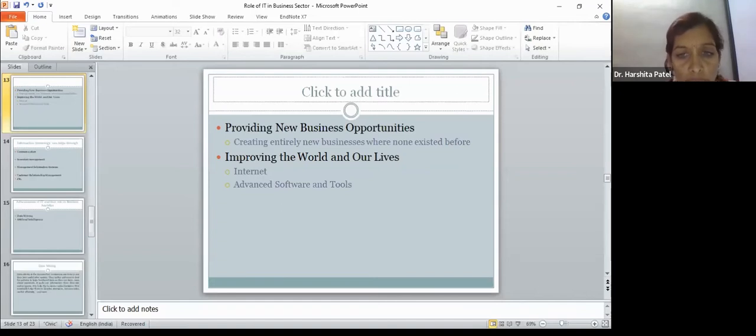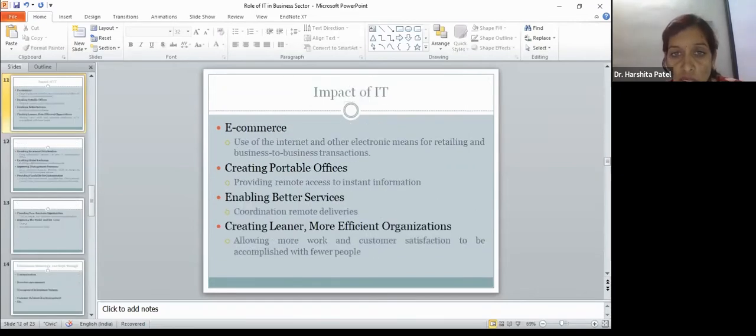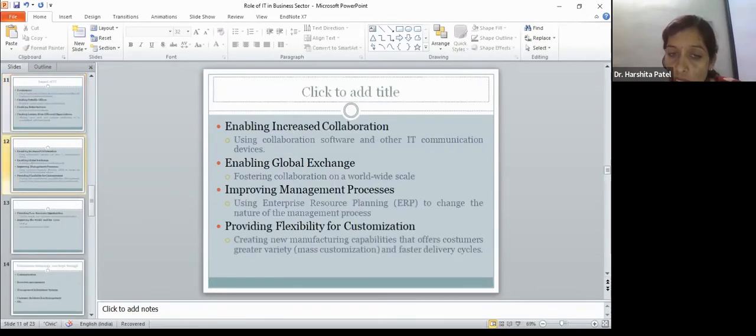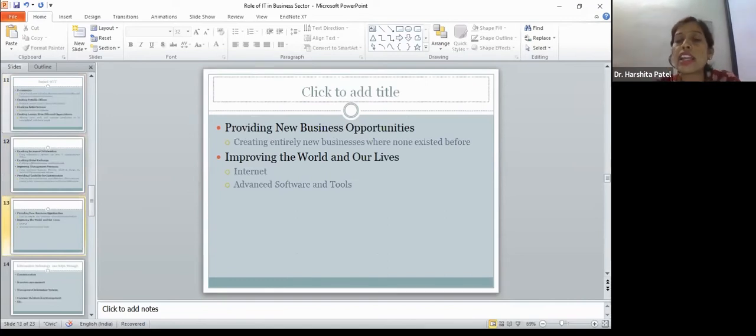Here we are talking about businesses. Just have a look at these points, and you can take general examples of any e-commerce website, like Amazon or Flipkart, and how they are working. In the lockdown period, we have seen in our daily lives online deliveries, even for food and daily needs, and meetings without moving anywhere.